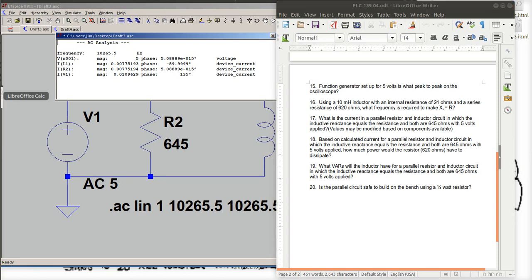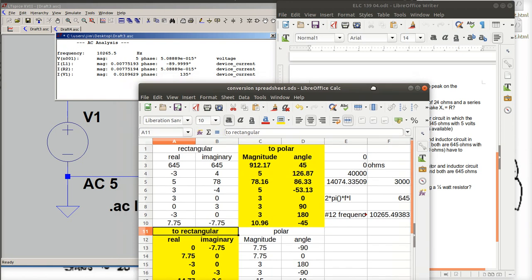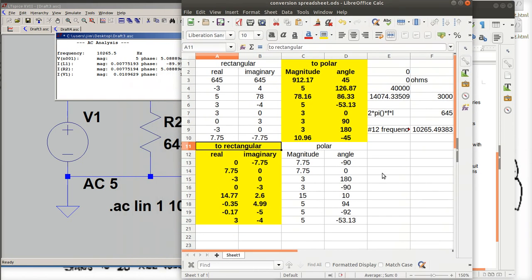Where's the spreadsheet again? Let's just do that. So what is 5 times, if I do the current, I get what? I got to put an equal sign. You always got to start with an equal if you want to do a calculation. 5 times 0.00775.